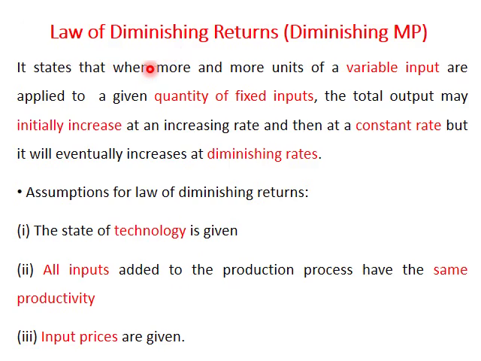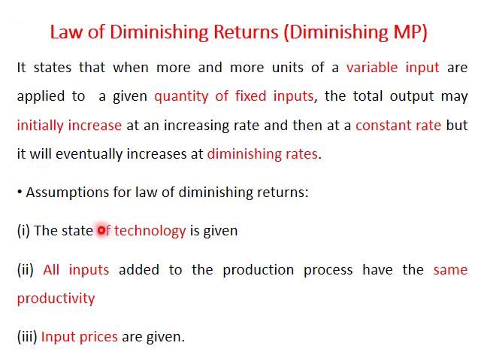The law of diminishing return states that when more and more units of the variable input are applied to a given quantity of fixed input, we have variable input on one side and fixed input on the other side, the total output may initially increase at an increasing rate, then increase at a constant rate, and eventually increase at a diminishing rate, and finally even decrease.